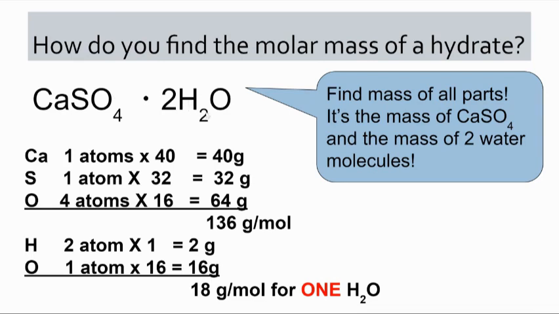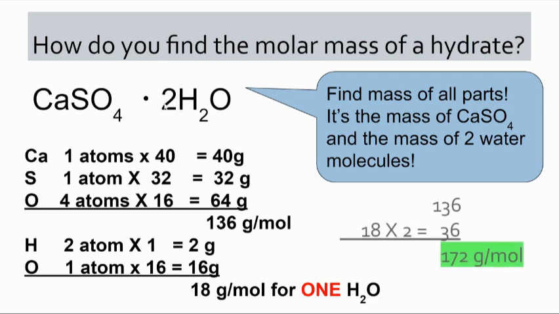We have H2, 2 atoms of hydrogen, mass of 2 grams, O, 1 atom of oxygen, mass of 16 grams. In other words, a water molecule has a mass of 18 grams per mole, but notice we have 2 water molecules present. So we're going to need to take that number and multiply it by 2 before we get the mass of the whole thing.